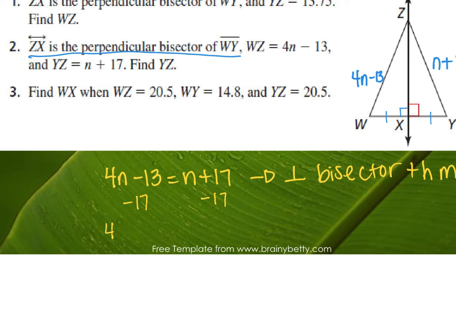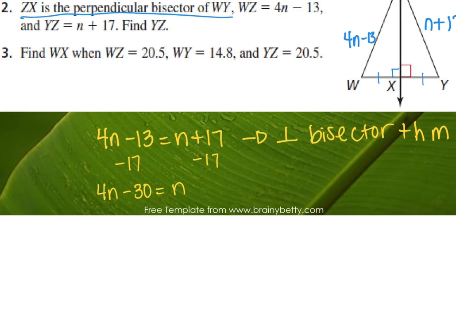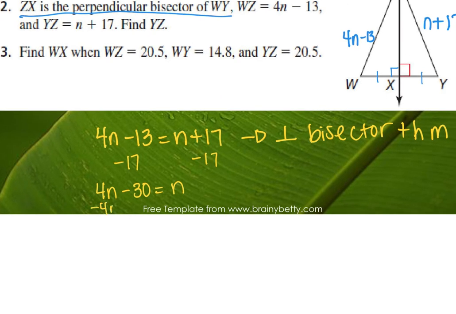We get 4n minus 30 equals n. We subtract 4n from both sides. We get negative 30 equals n minus 4n, which is negative 3n. Then we divide by negative 3, divide by negative 3, and n equals 10.